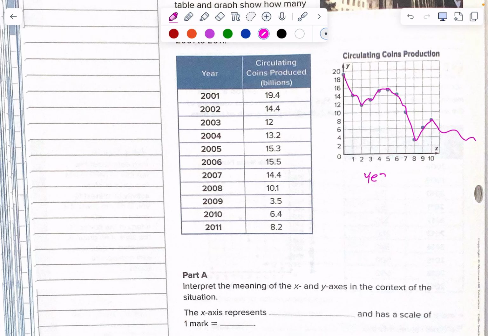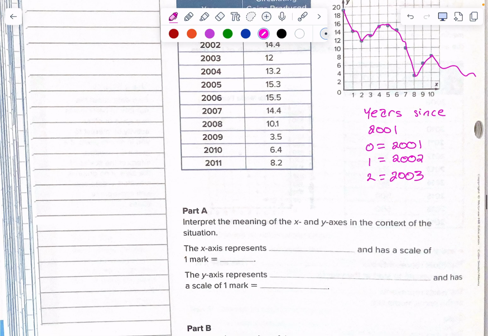This is years, and it's years since 2001. So 0 equals 2001, 1 equals 2002, 2 equals 2003. I probably would have started at year 2000, but whatever. Interpret the meaning of the x and y axis.